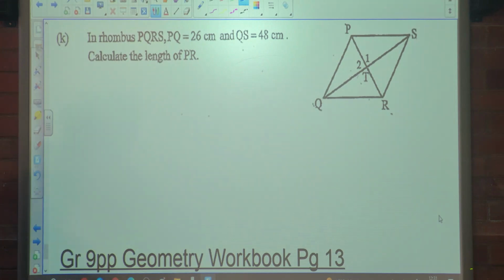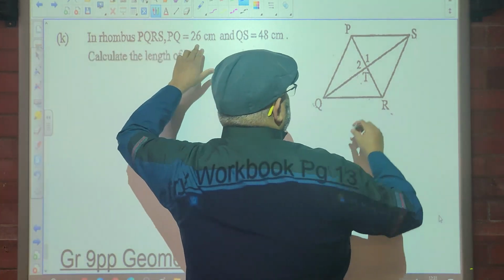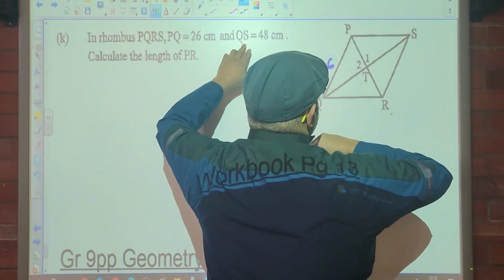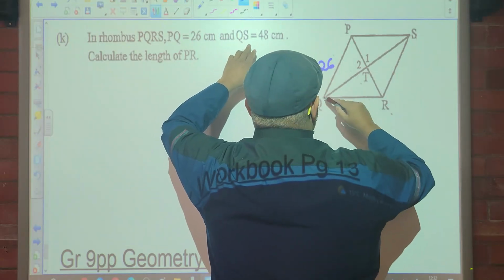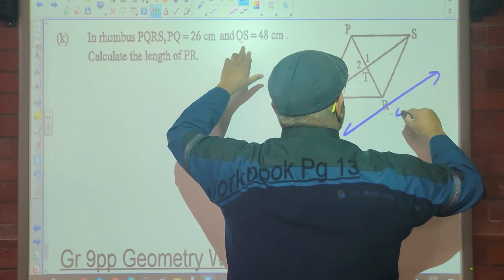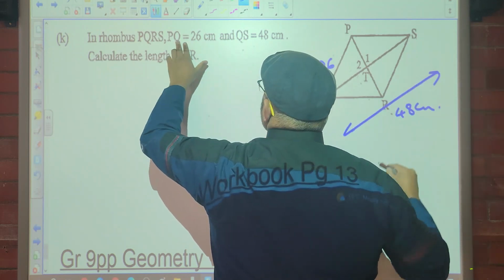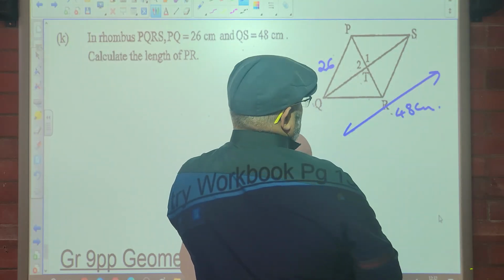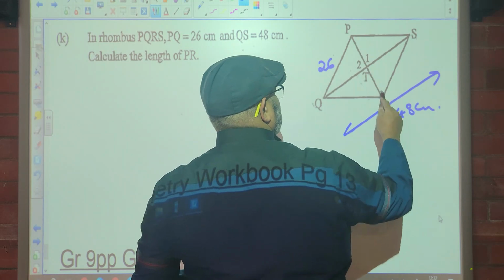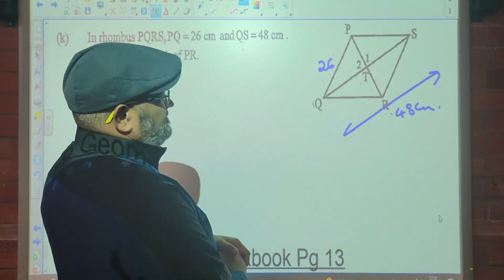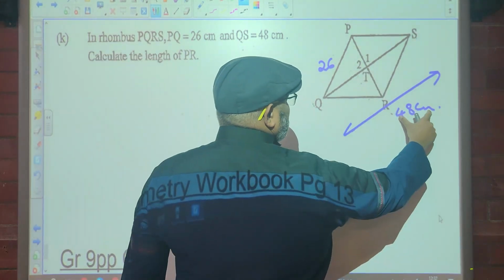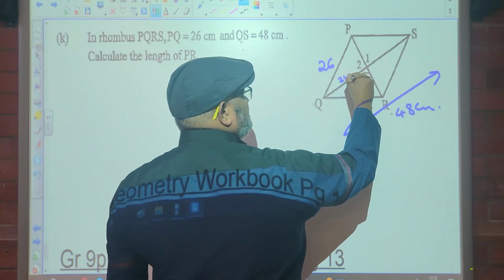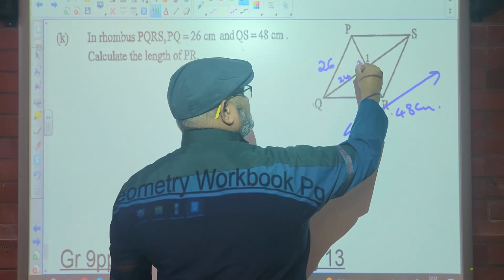People, we are told that PQ is 26 centimeters and QS is 48. Calculate the length of PR. But we say, okay, if this is 48, what is this length? 24, which is half of that. Not so? And this is 90.